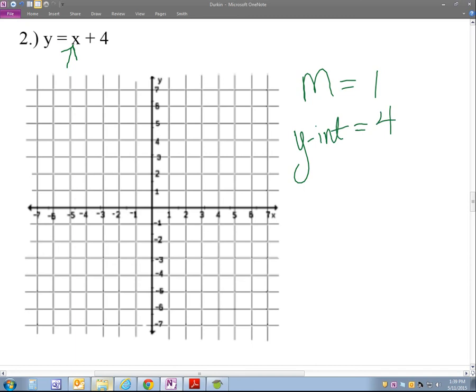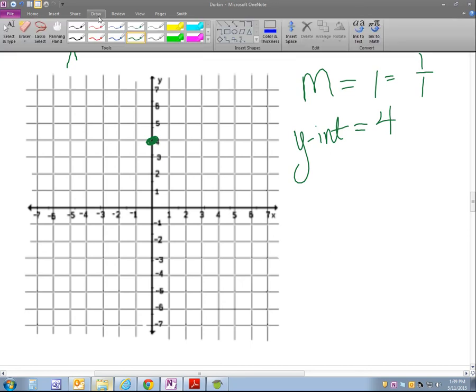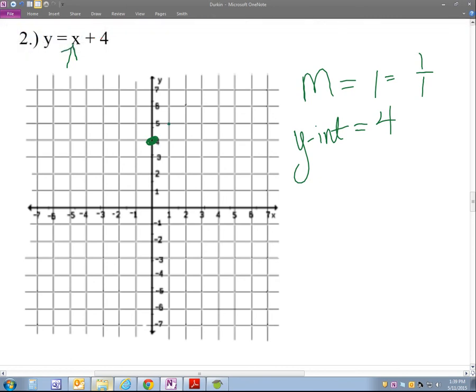4. Beautiful. So I go to 0, 4. I'm sorry, I misspoke. 0, 4, and my slope is going to be rise over run, and I'm going to make this into a fraction. So I go up 1, to the right 1.